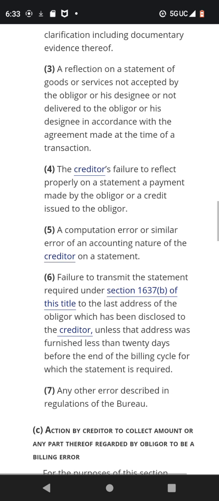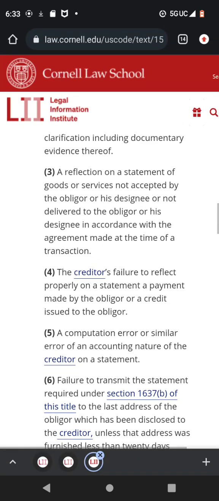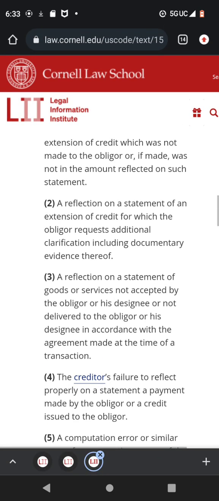My go-to that I actually went to was the simple fact that a reflection on a statement of an extension of credit for which the obligor requests additional clarification, including documentary evidence. Okay, that kills the game right there. It is your account.